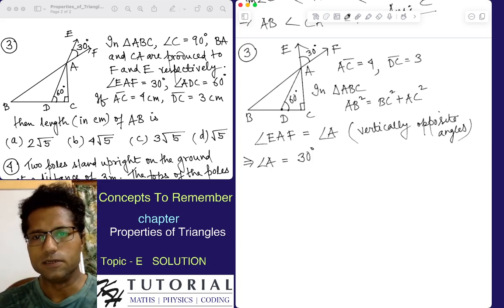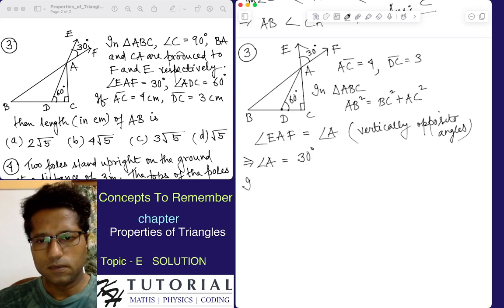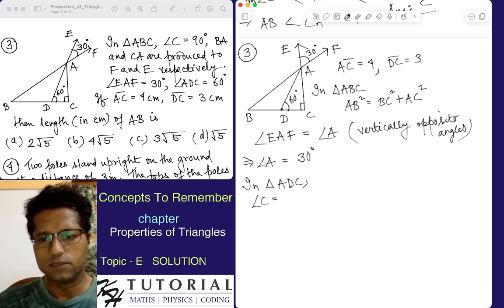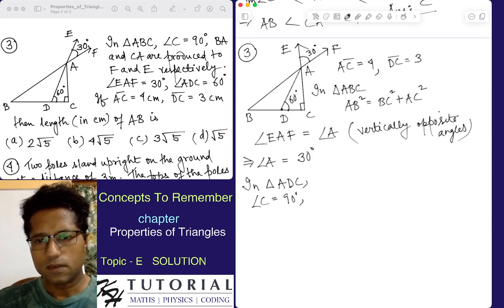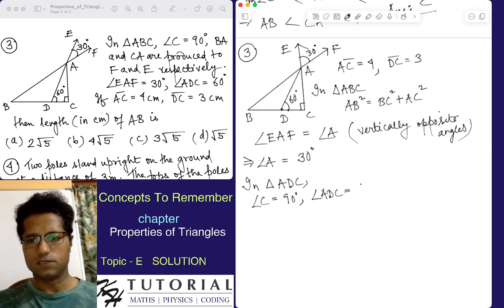Angle A is 30 degree. Now in triangle ADC, angle C is definitely 90 degree. Angle ADC is 60 degree.